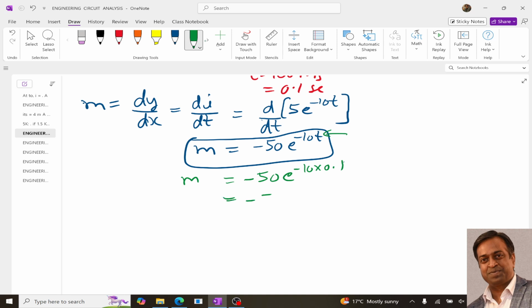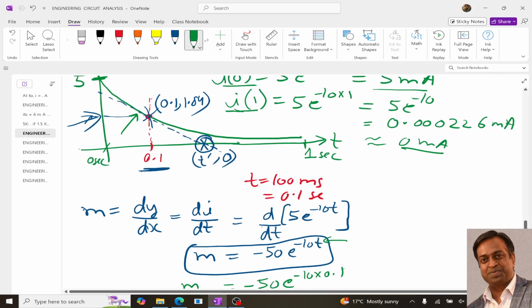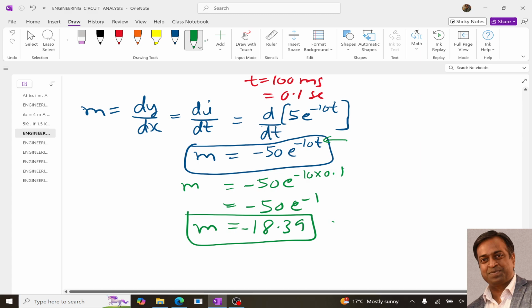So it will be minus 50 e power minus 1. So e power minus 1, this will be minus 18.39. So the slope of this tangent that I will draw will be minus 18.39, right?